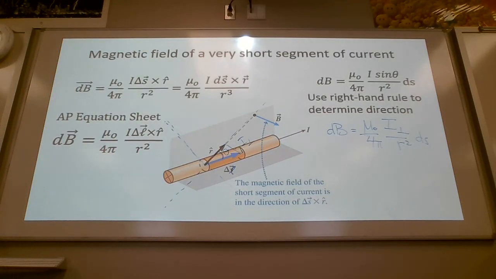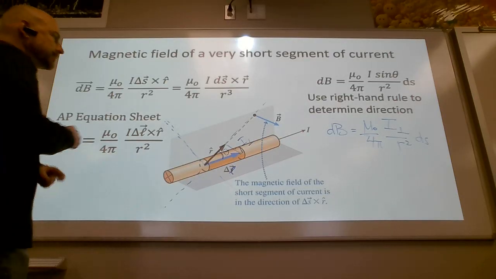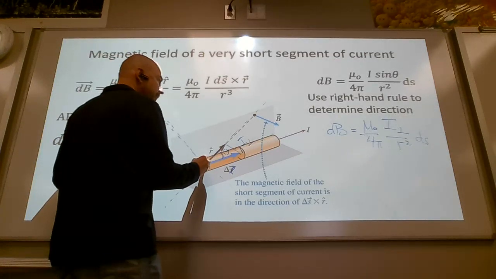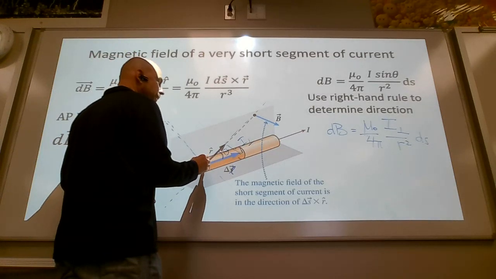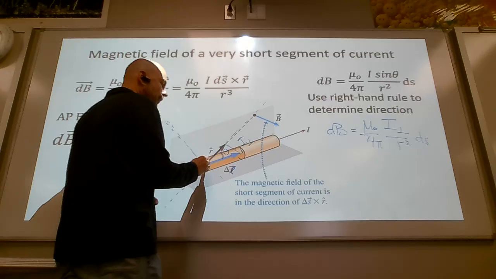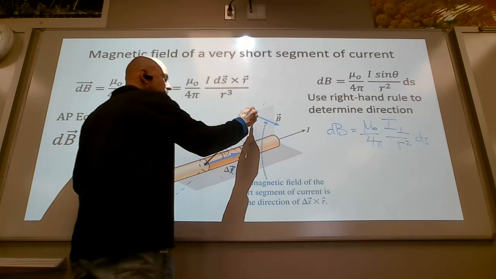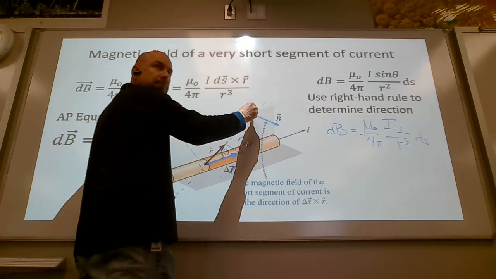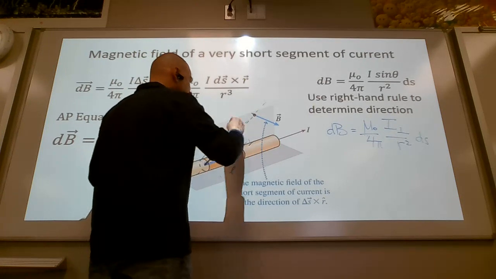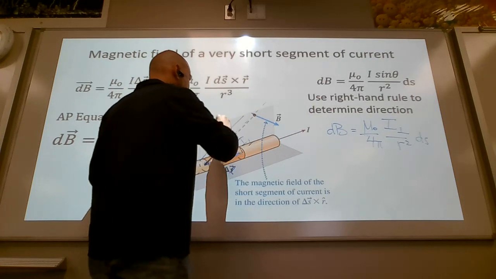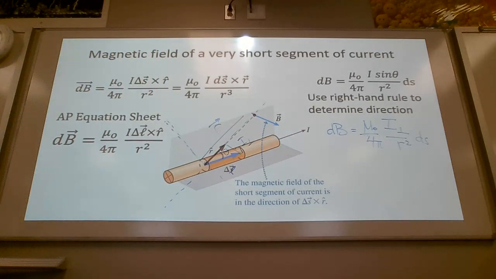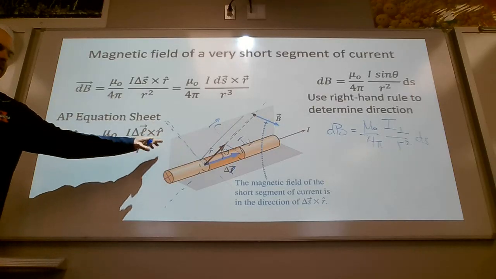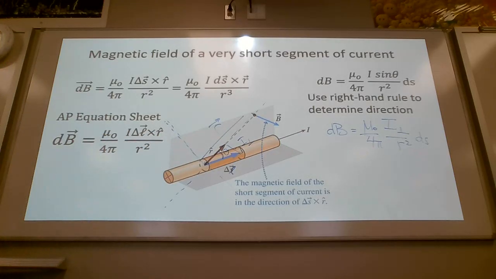On the AP equation sheet formula, what is that R? Is that like the R from the point to the field? It's the point of the wire compared to where you're trying to observe. So this distance here. And then this is just the unit vector of that.